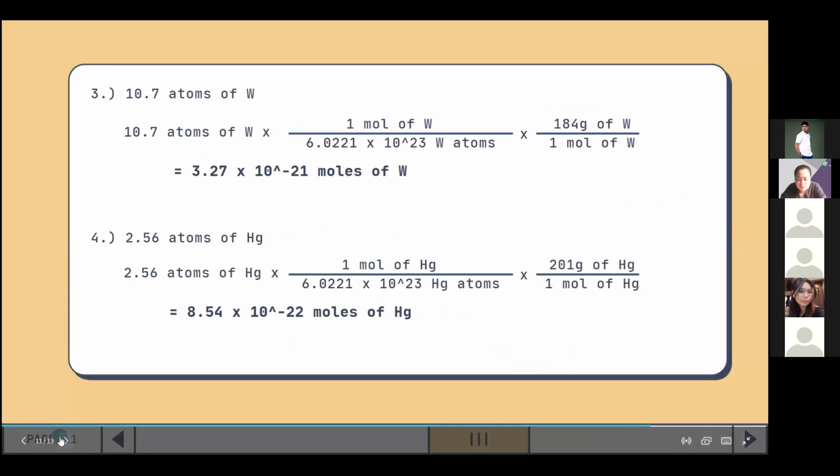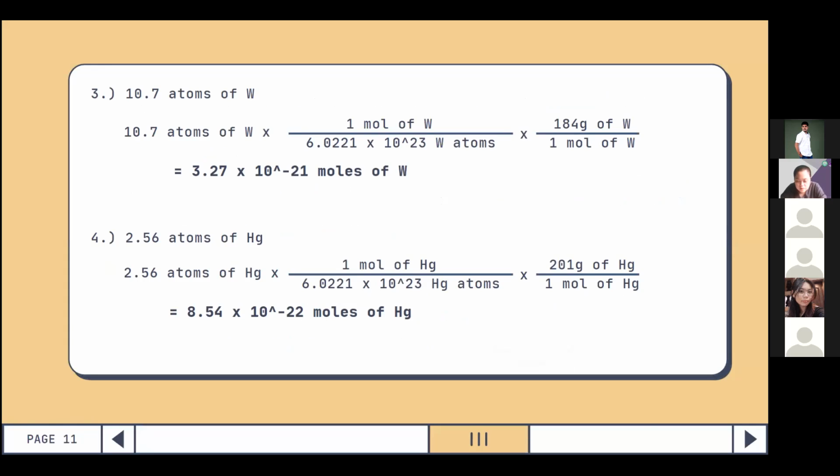For number 3, the given is 10.7 atoms of tungsten. The solution is 10.7 atoms of tungsten times 1 mole of tungsten over 6.0221 times 10 raised to the power of 23 tungsten atoms times 184 grams of tungsten over 1 mole of tungsten. The answer to this is 3.27 times 10 raised to the negative 21 moles of tungsten.